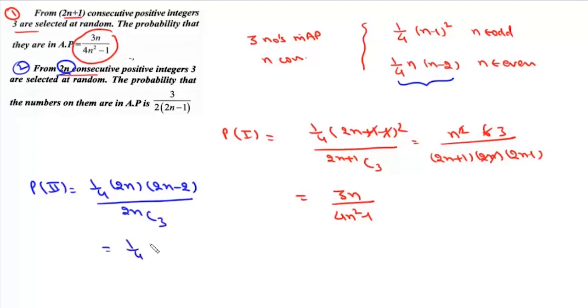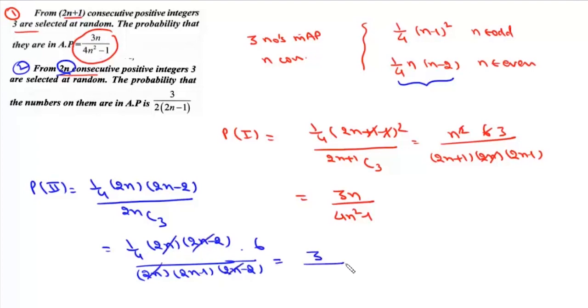So we'll write this as 1 by 4, 2n, 2n minus 2, and this is 2n, 2n minus 1, 2n minus 2 into 6. Now I'll cancel. This value will be 3 upon 2 into 2n minus 1, which is our second result. So this is the answer to this question.